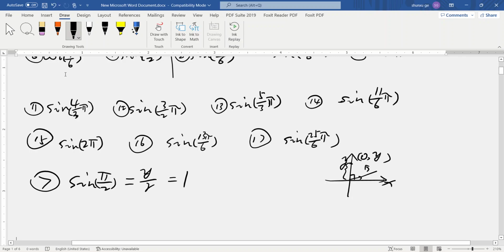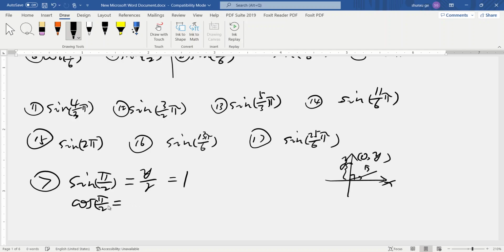So how about cosine? Cosine pi over 2 equals cosine 90 degrees. So cosine is adjacent side over r, and it becomes 0 over r, which is 0.